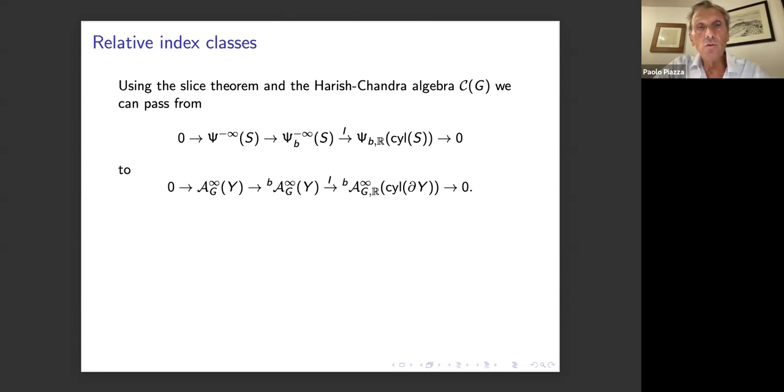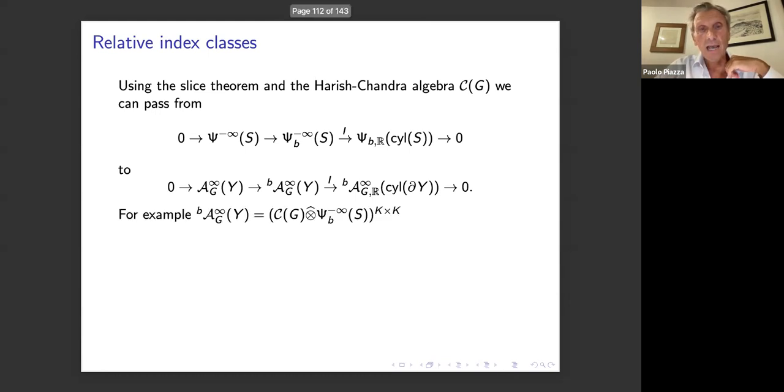Now, let's go back to G-proper manifolds. Using the slice theorem, we can define a short exact sequence of algebras. And for example, just as we did before, the central algebra is just the projective tensor product that you see in this line, where we use the b-pseudodifferential operators on the slice.